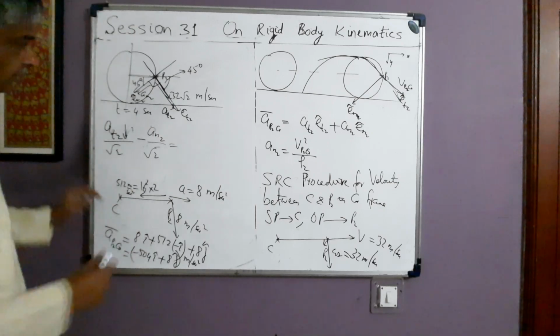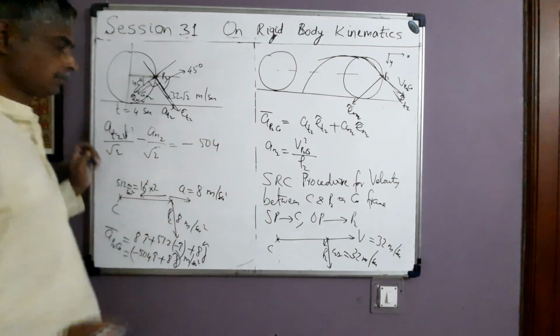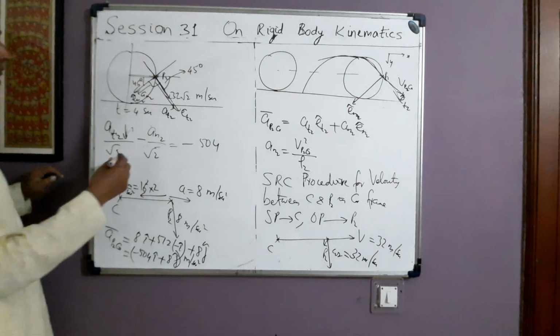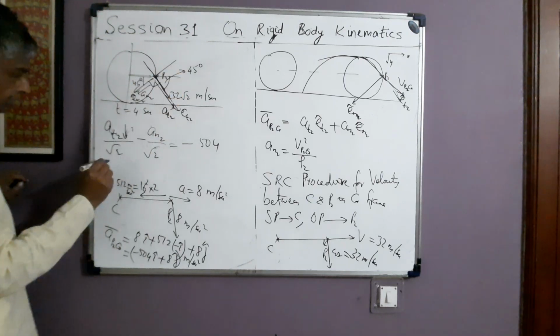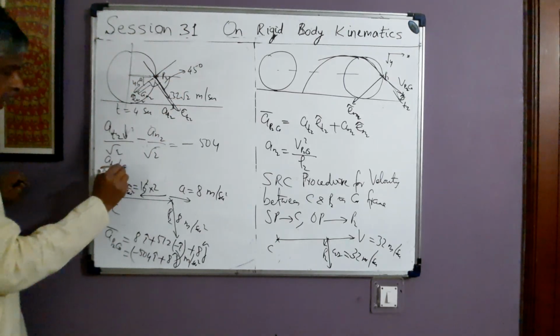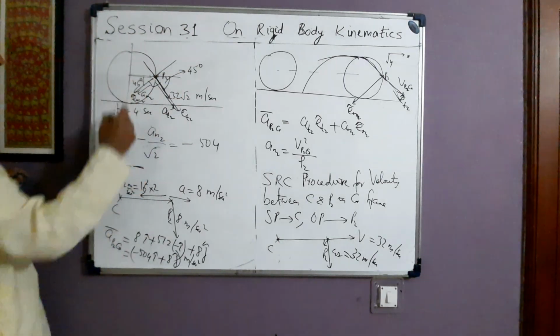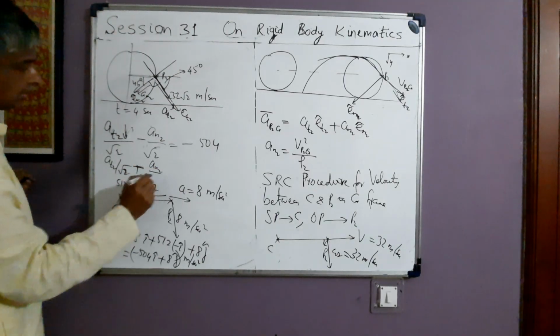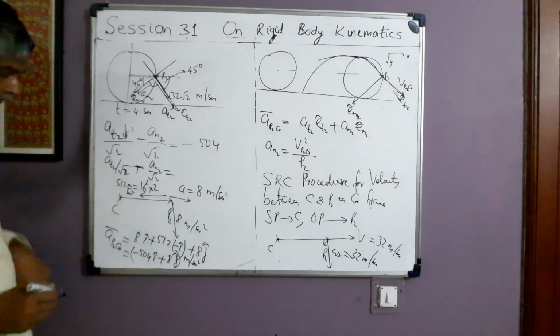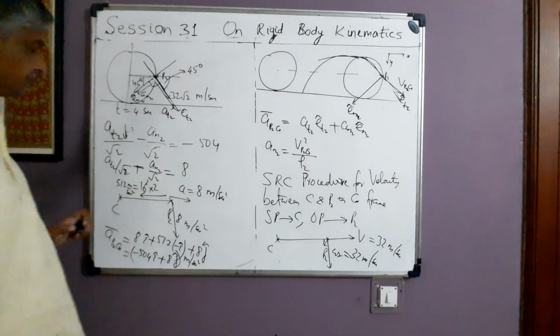And I equate along the y direction. AT2 sin 45 degree, that is 1 by root 2, plus AN2 by root 2, is just equal to 8j.